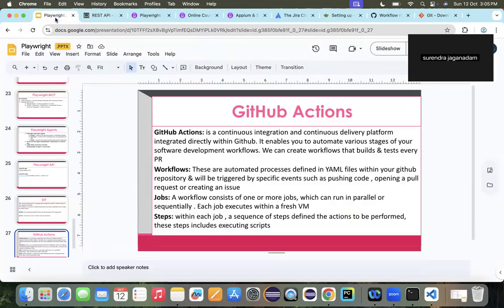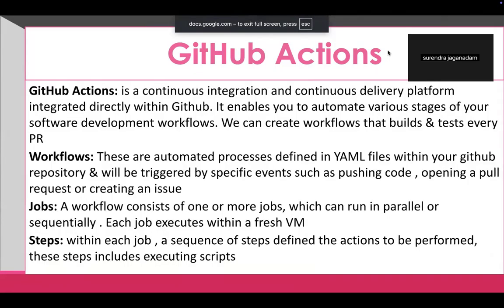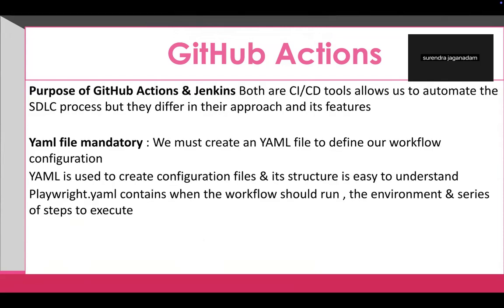Perfectly all right. So the next thing we need to know is, okay, that's fine, Surendra, what I have understood is that GitHub Actions comes by default with your Playwright, which is a CI/CD tool, and it has a YAML file. So what is this YAML file? In general, the configuration that we need for this particular project will be defined as part of a YAML file, and it is easy to understand.